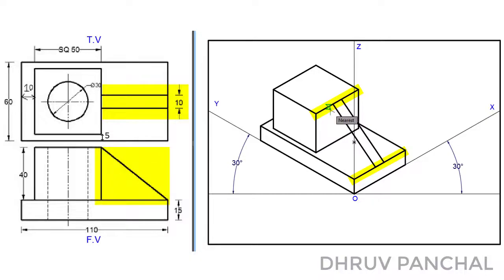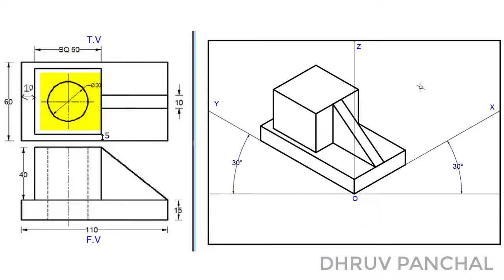From this point, draw a line parallel to line OZ of 40 mm, draw a line parallel to line OY of 50 mm and remove the unnecessary lines as per the requirements. Here you can see the dimensions for your reference.